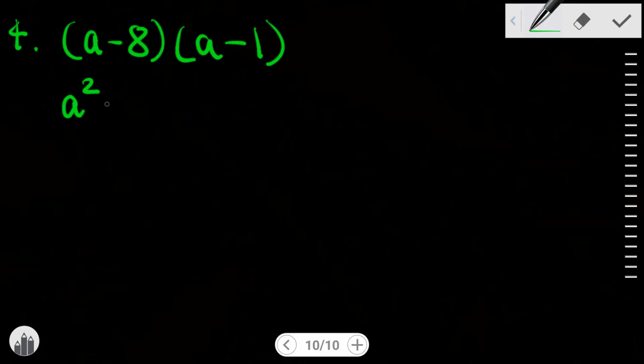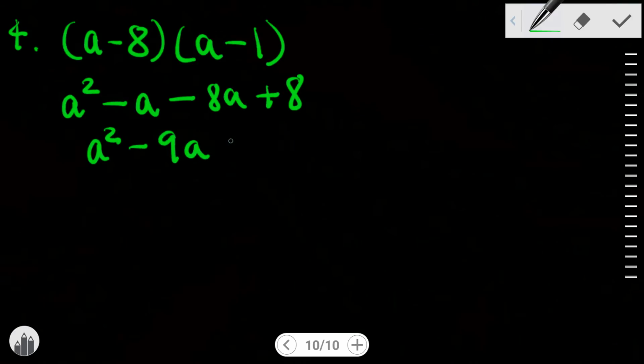And then a times negative 1 will get you a negative a. Negative 8 times a will get you a negative 8a, and negative 8 times negative 1 will get you a positive 8. So simplifying down, you get a squared minus 9a plus 8.